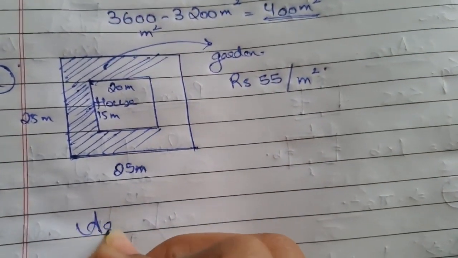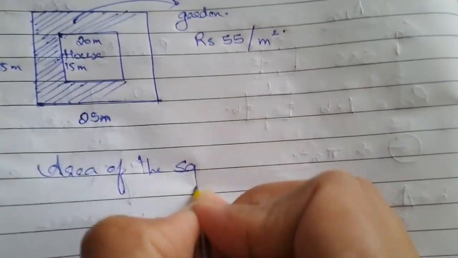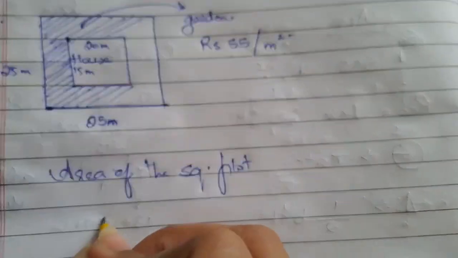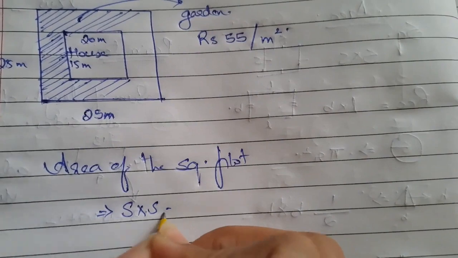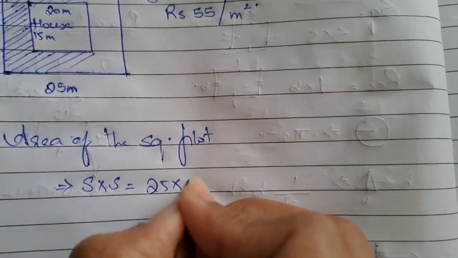Area of the field, area of the square plot, because it is given to me as a square plot, is going to be equal to side into side, which is nothing but 25 times 25.